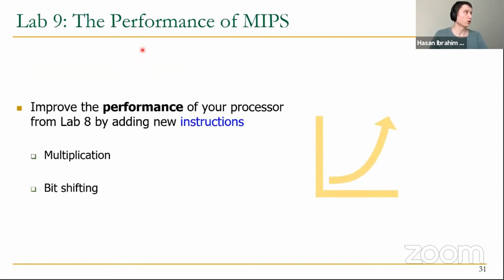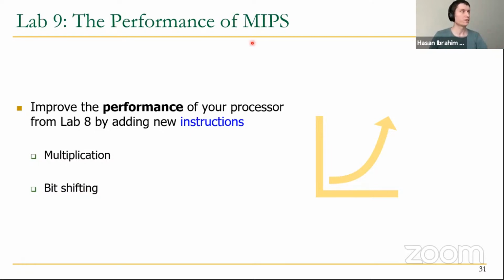Lab 9. In Lab 9, we will measure the performance of the processor that we have implemented and also improve its performance by adding new instructions. Previously, the processors that we will have until Lab 8 will not have these two operations, multiplication and bit shifting. Instead, we will be doing those operations using other instructions.